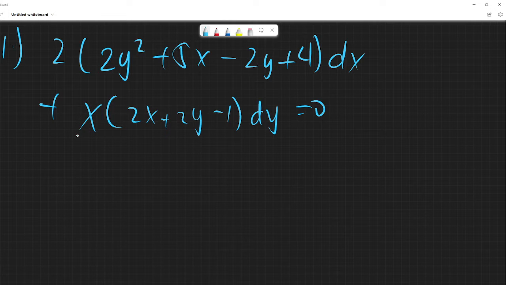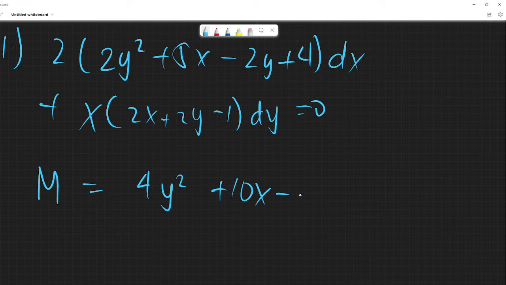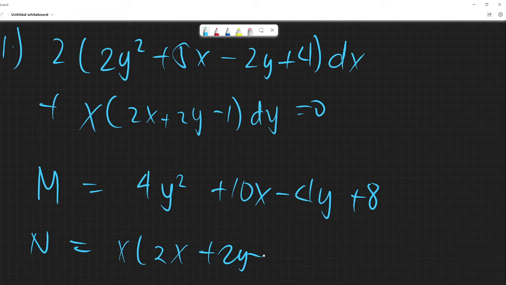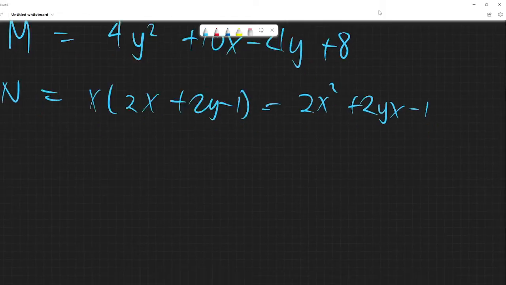So how to get the integrating factor? First, we will denote the function related to dx as M, which is 4y squared plus 10x minus 4y plus 8, and the function related to dy as N, which is x times (2x plus 2y minus 1), equals 2x squared plus 2yx minus x.